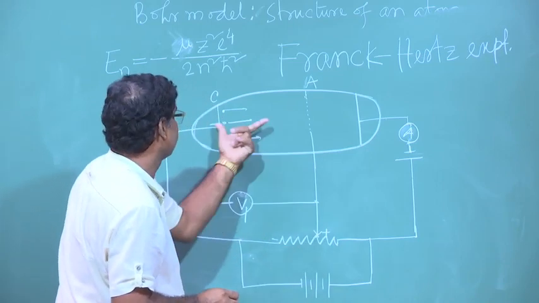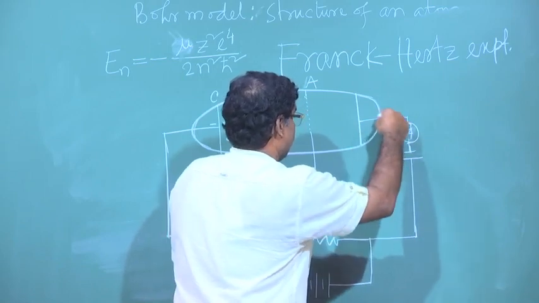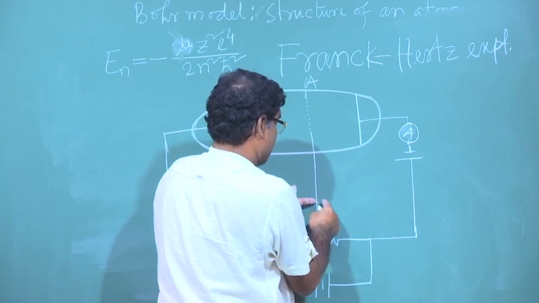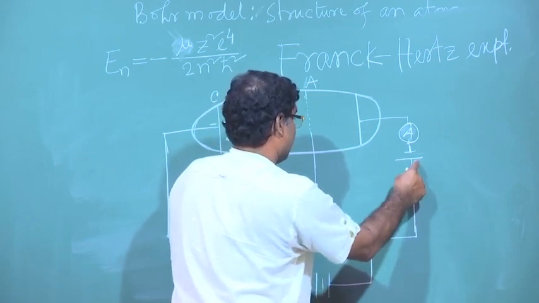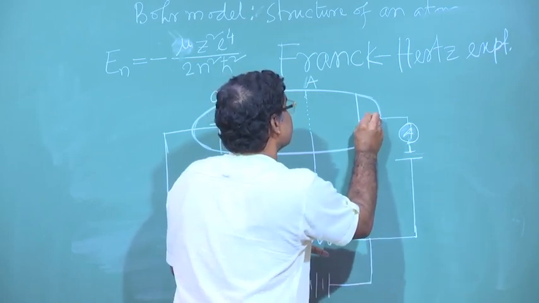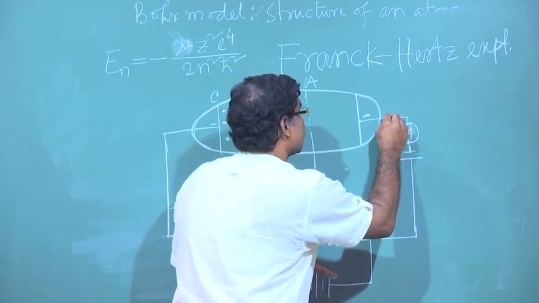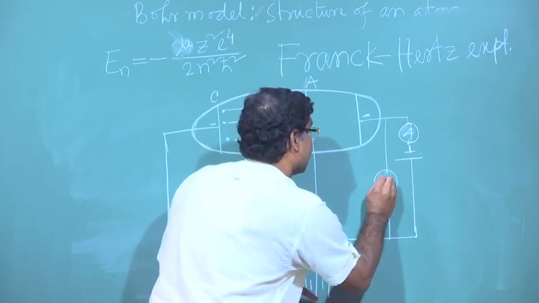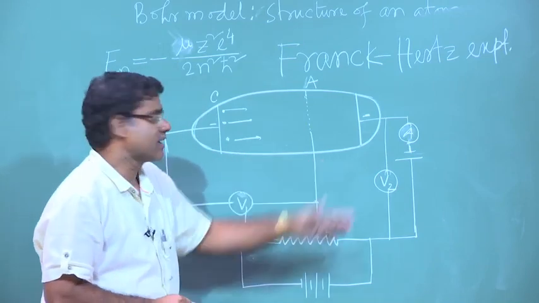This voltage is between these two, and here current is flowing due to the positive here, and this one is negative. Here another voltmeter is connected, it is V2. Okay, so this is the experimental arrangement.